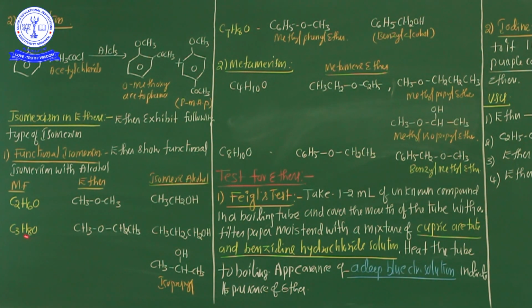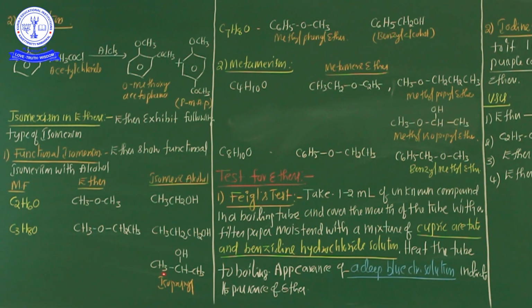In the case of C3H8O, there is only one ether and two alcohols. Both show the same molecular formula as the ether CH3OCH2CH3. That's why, my dear students, ether always shows functional isomerism with alcohol.